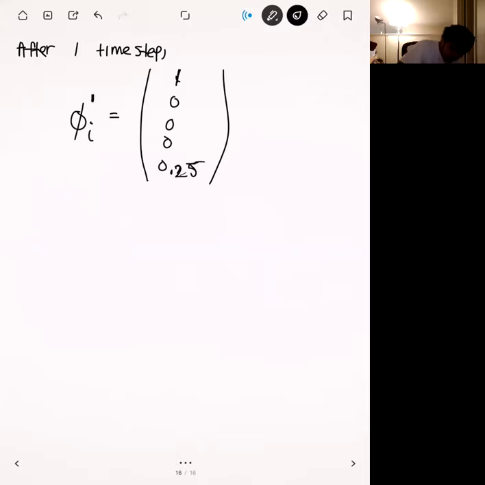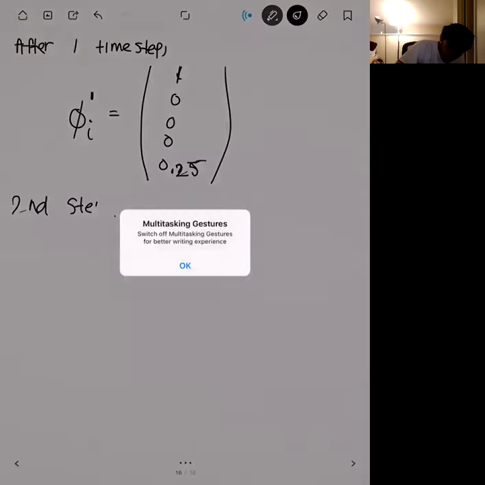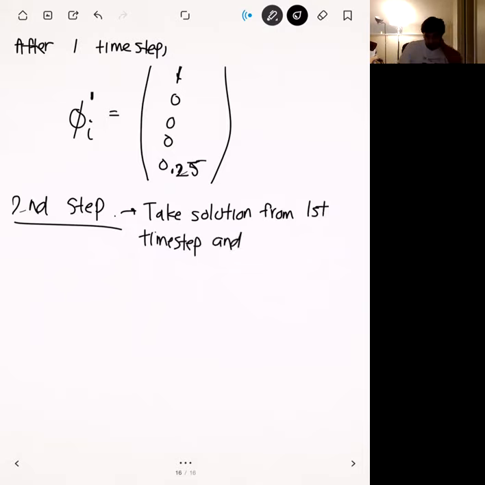All right. And so for the second step, we're going to take the solution from the previous step, which is this one, and plug that back into our time advancement matrix, into the phi ns.